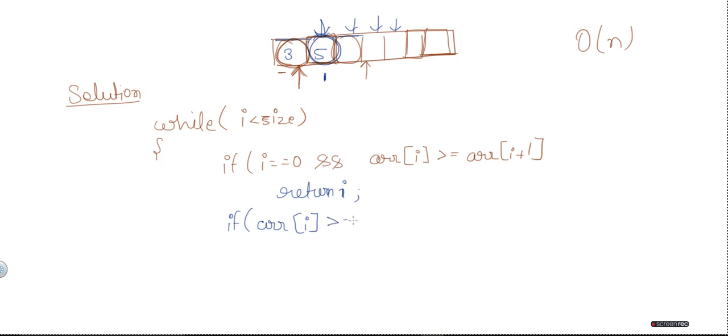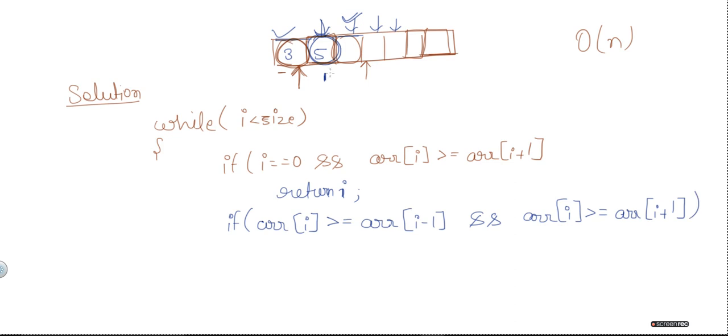If arr[i] is greater than or at least equal to its left neighbor arr[i-1], and it should also be greater than or equal to the right neighbor, so I will write arr[i] is greater than or equal to arr[i+1]. If this condition is satisfied, that means we have found our peak element, and we just need to consider only one peak element, so I will simply return i here as well.